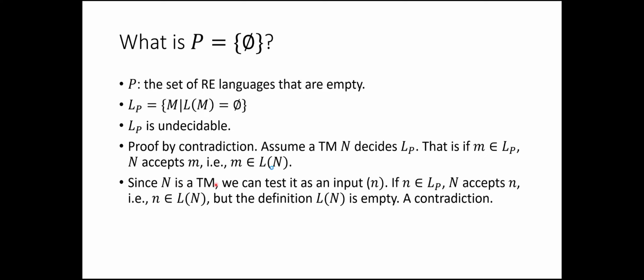Since N is a Turing machine, we can test it as an input. Here lowercase n is the encoding of N. Uppercase N and lowercase n represent the same thing, but lowercase n is simply a binary string that represents the Turing machine uppercase N. So we can now test this lowercase n.